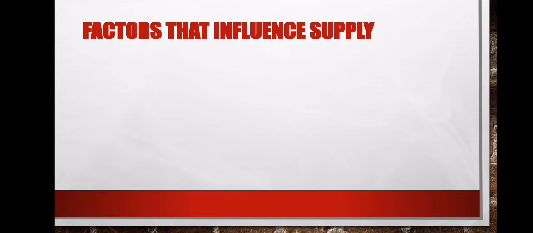Let us quickly look at factors that affect supply. Before we talk about the factors, with supply they can also give you a table. Then they can say from the table, draw a line graph, using the data that you are given.